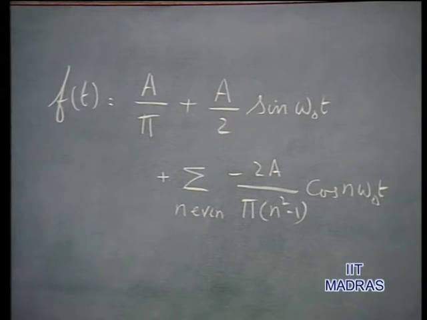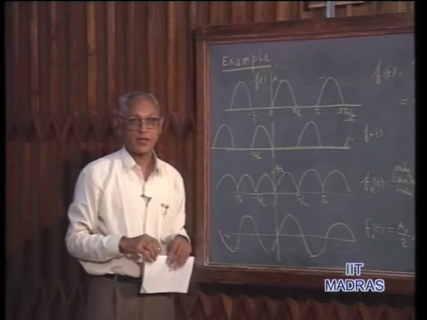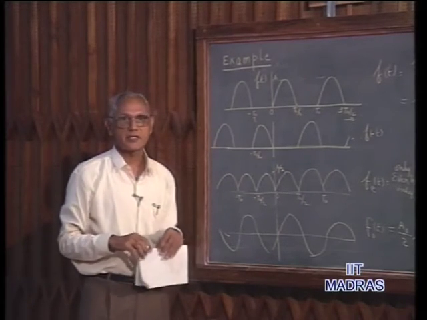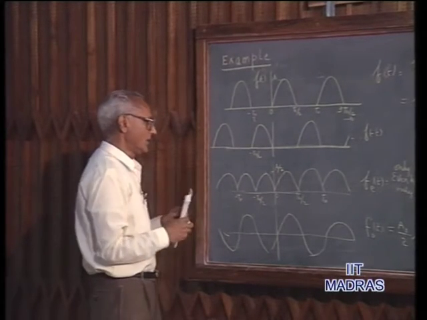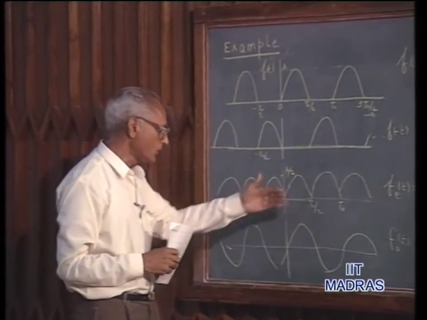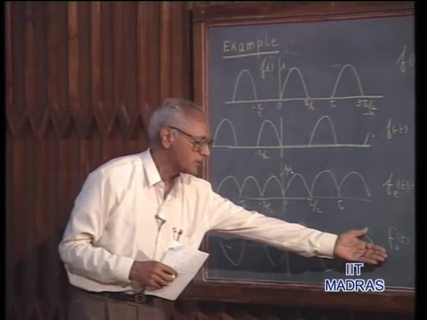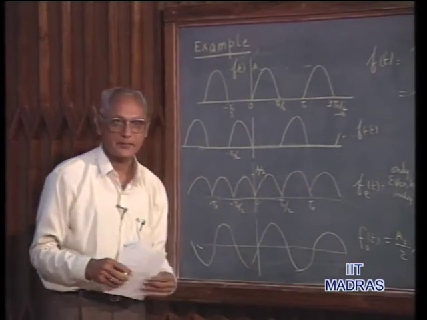So you observe that even though this function as such does not appear to have any of the symmetries that we have talked about, by splitting this up into even and odd parts, you are able to find some symmetry at least in one of those parts, and the other of course falls out. It just breaks down into a single term.